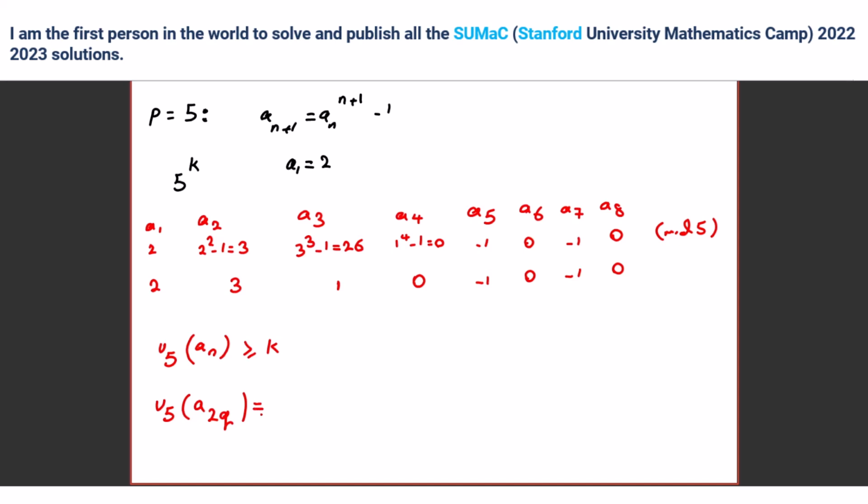Yeah. So v5 of this, a_2q, is what? a_2q is equal to... no, look, a_2q is equal to what? Not mod something. It's equal to what? v5 of a_2q. Wait, one second.